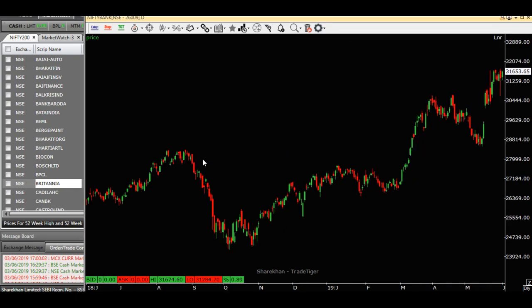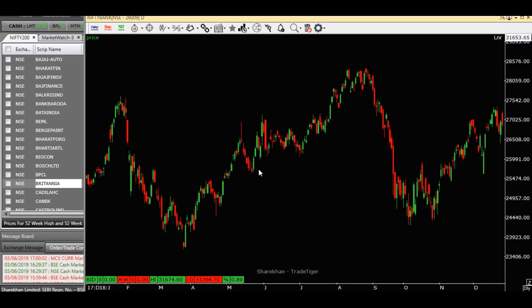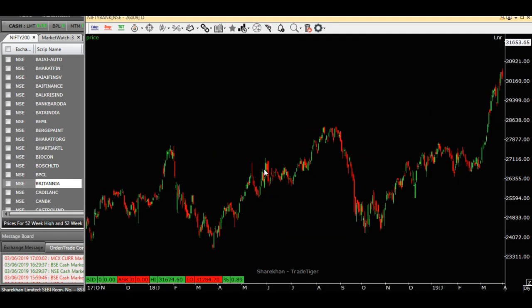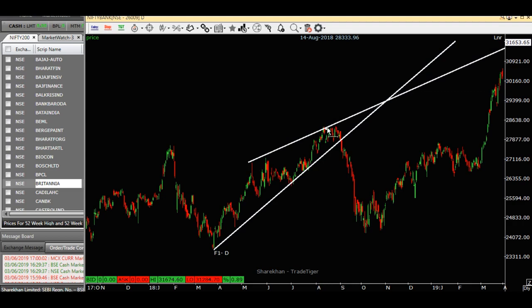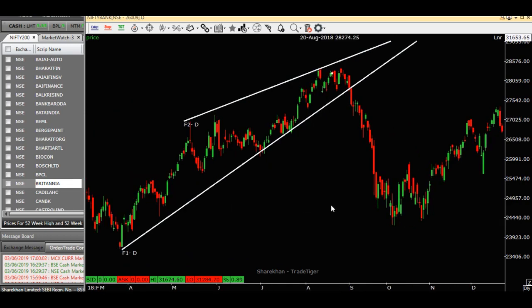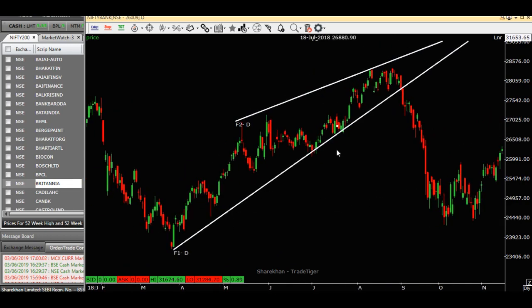This is Bank Nifty. We had a rising wedge pattern right here. Now guys, keep one thing in mind. To form a rising wedge or a wedge pattern, you need two swing lows and two swing highs, just like two trend lines.